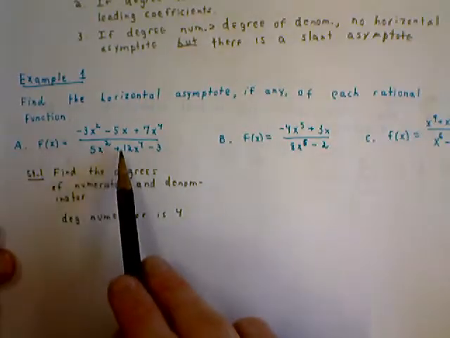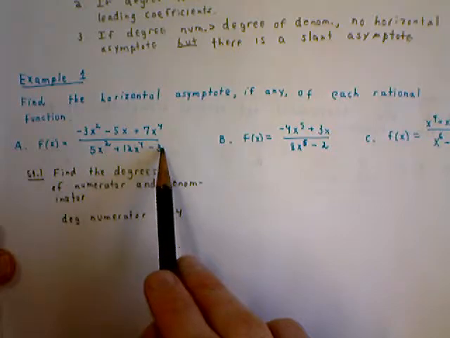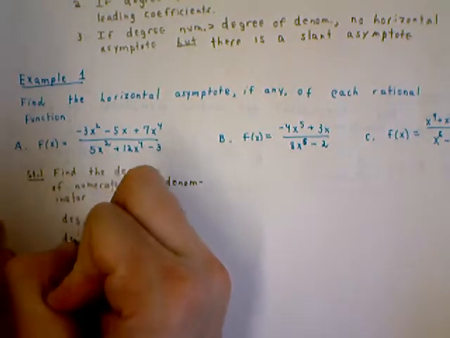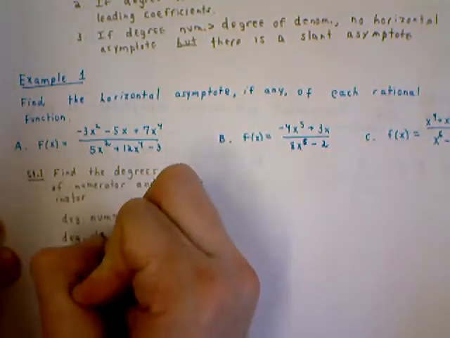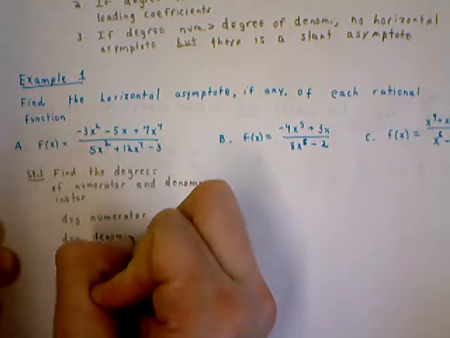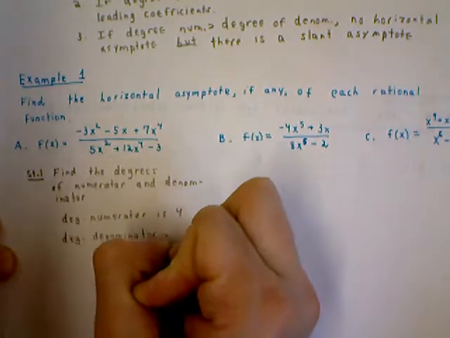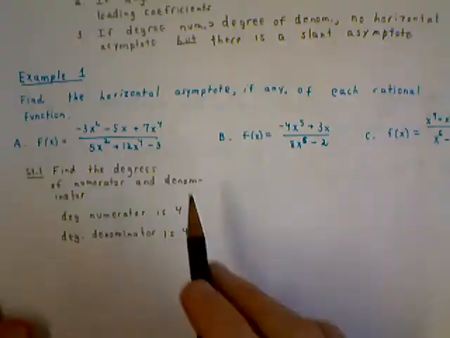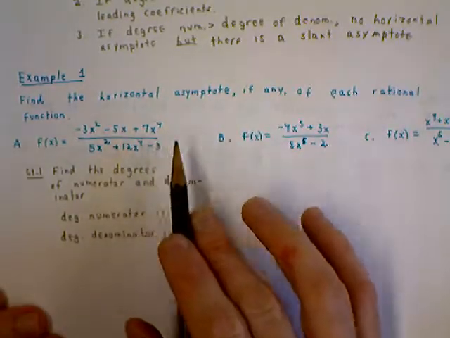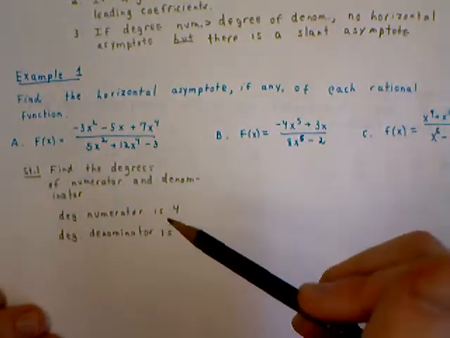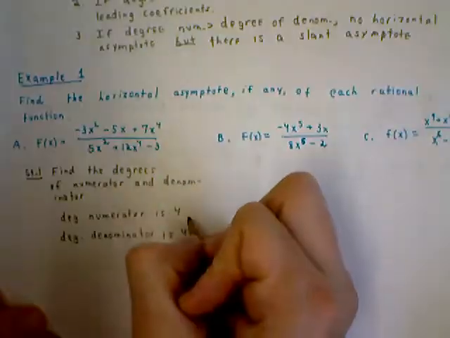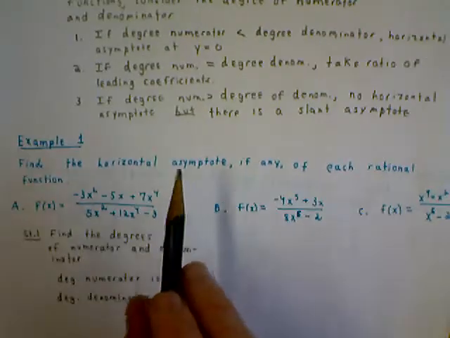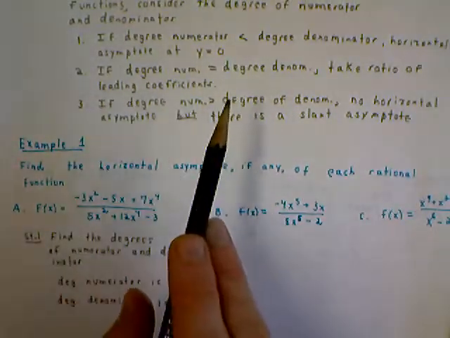I see 5x squared plus 12x to the fourth minus 3. The degree of the denominator then is also 4. All right, so that means that now, because the degree of the numerator equals the degree of the denominator, I'm going to use case 2.